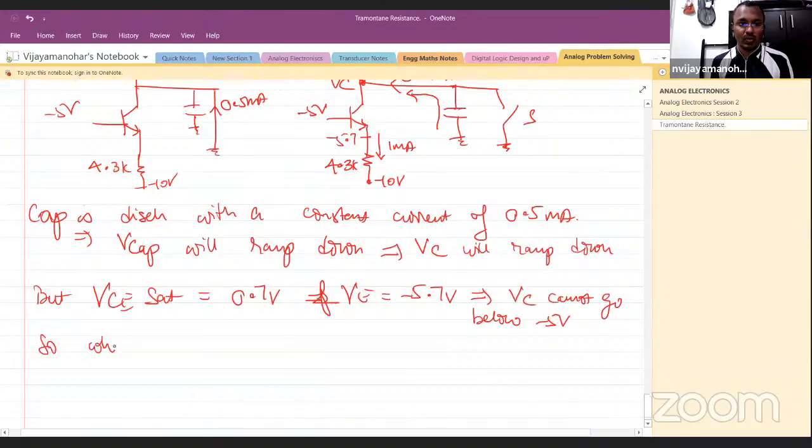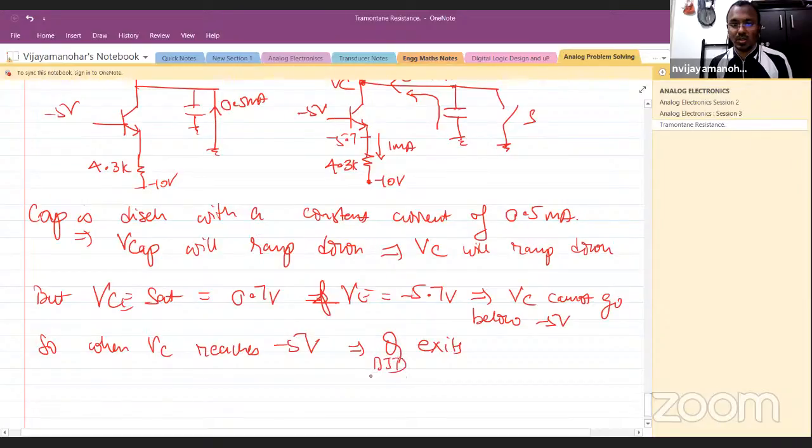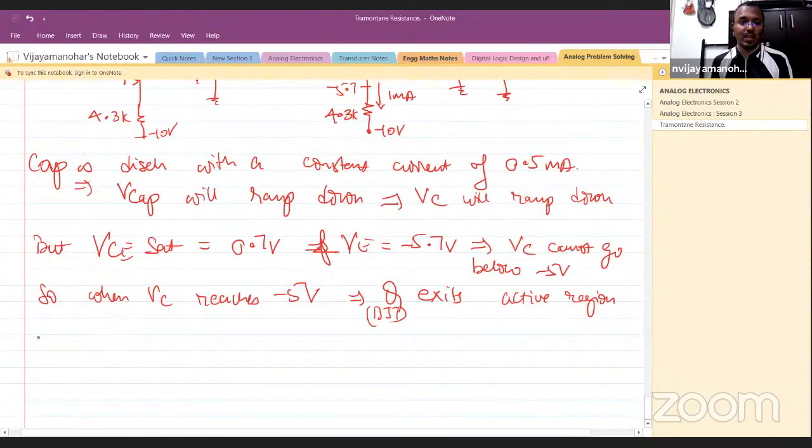So when Vc reaches minus 5 volt, Q exits, Q is my BJT, okay? Q exits active region.